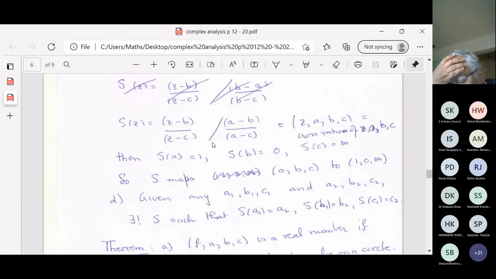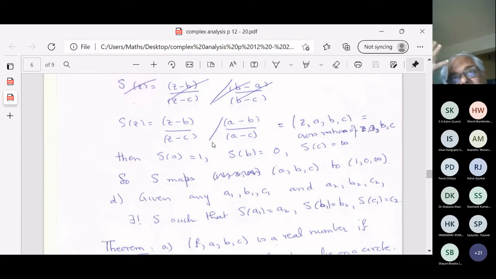If you say that 3 points A1, B1, C1 go to A2, B2, C2, then there exists a unique Mobius transformation which maps A1 to A2, B1 to B2, and C1 to C2.